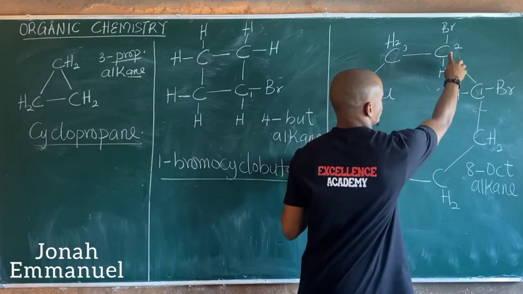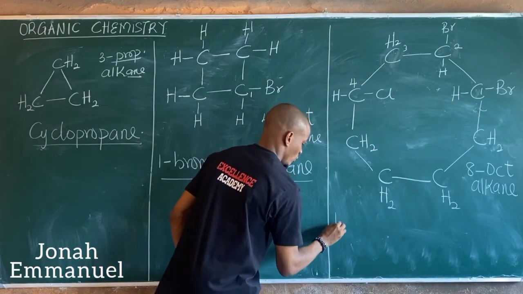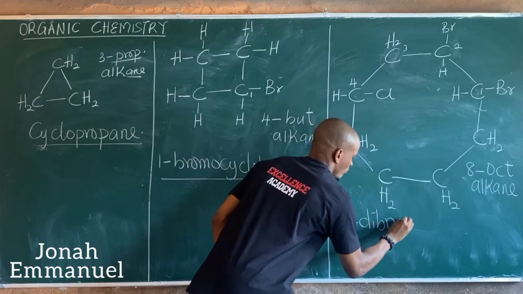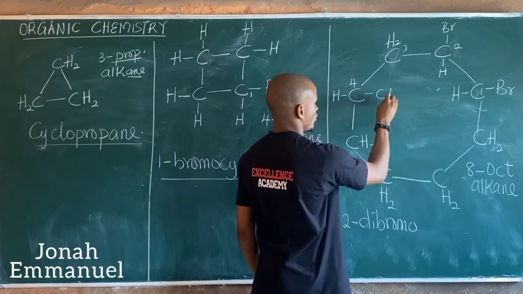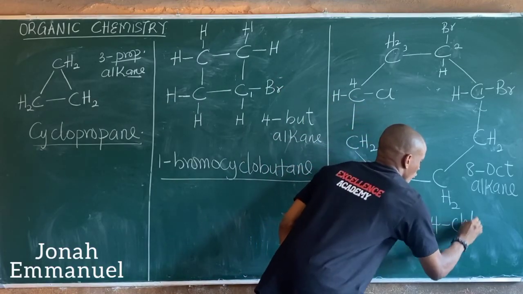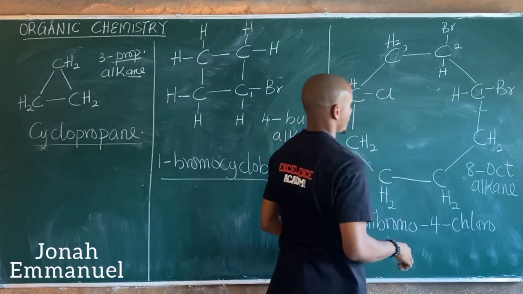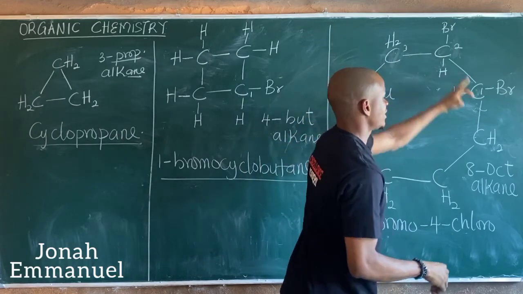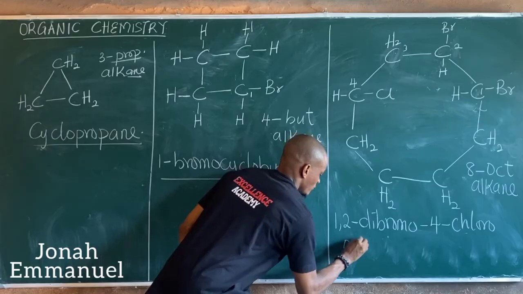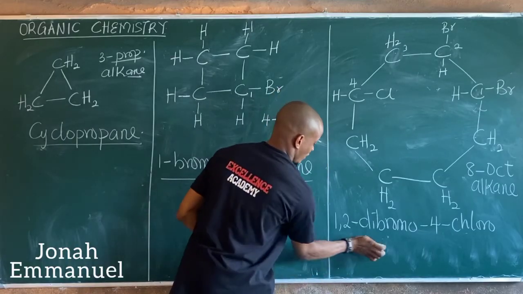Alright, so I'm having 1, 2, dibromo. Take chlorine. Chlorine is at position 4. Becomes 4 chloro. Take my longest continuous carbon chain is 8. That's an oct. So it becomes, okay, before that, it's in a ring form.